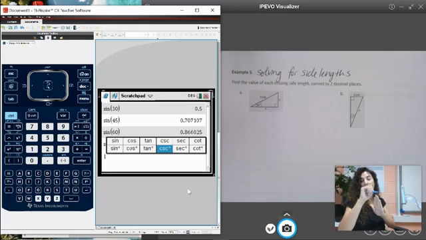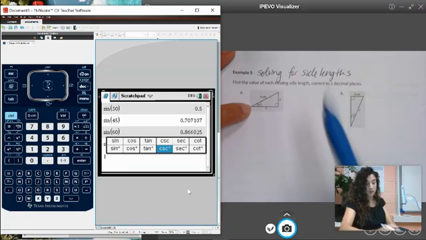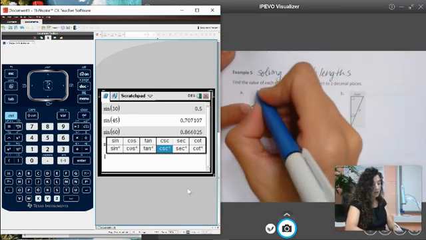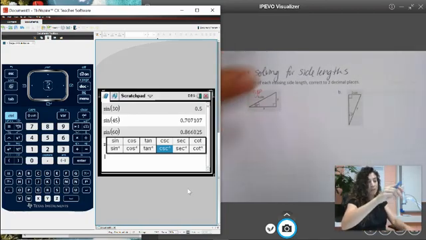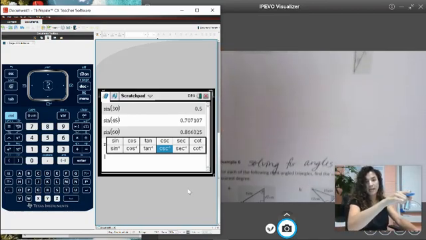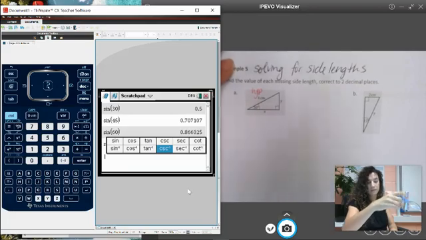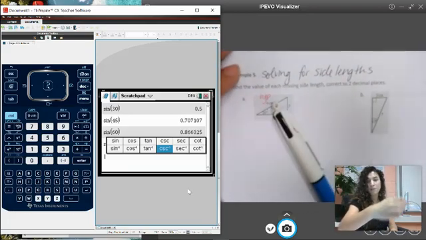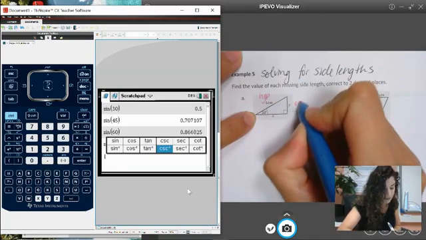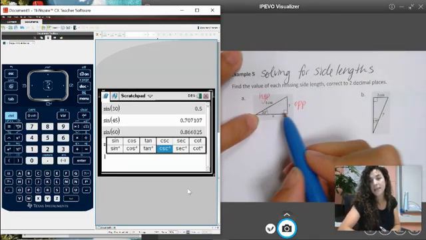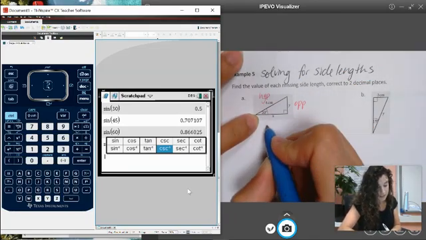So we need to solve for y and x, and we're given the hypotenuse. Think about your relationships first. I always label my hypotenuse first, and then I label the opposite next. Opposite is the spotlight across from 20, so this is your opposite, and then x is your adjacent.